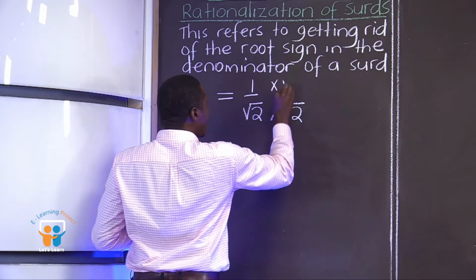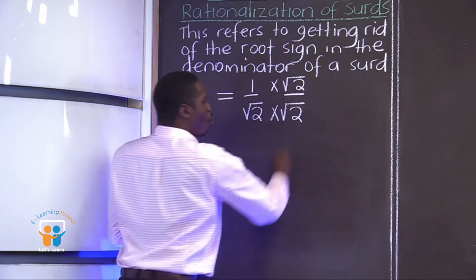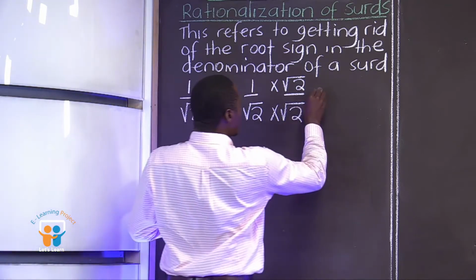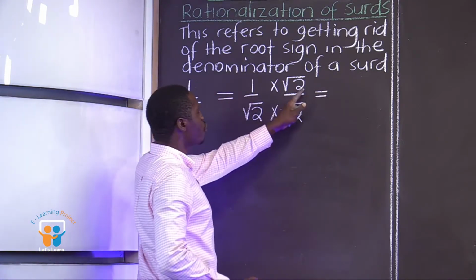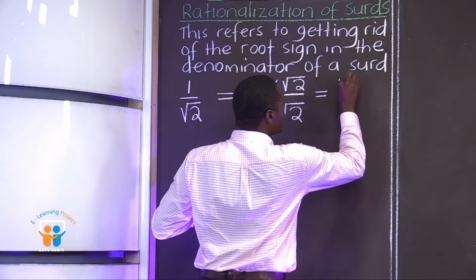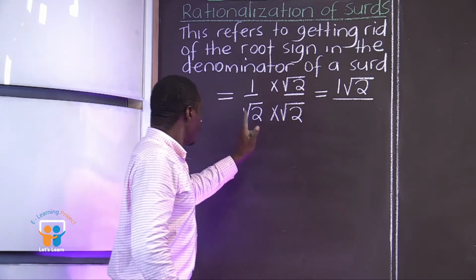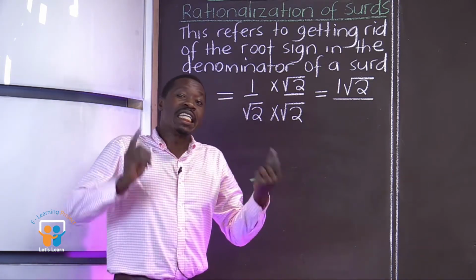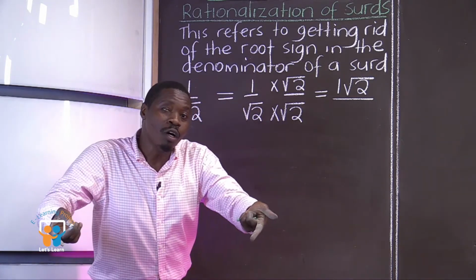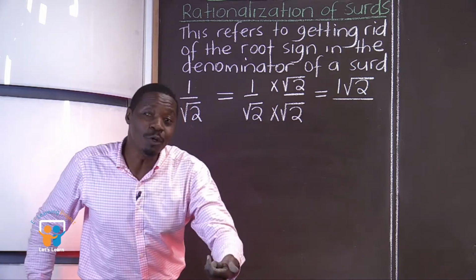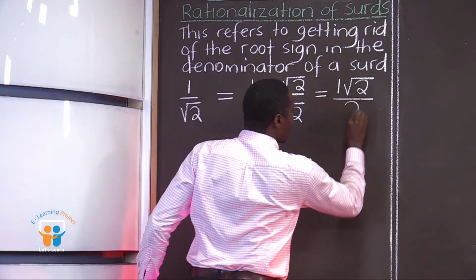This will equal 1 times root 2, which gives simply root 2, all over root 2 times root 2, which gives me root 4. But the root of 4 is a 2. So this is root 2 over 2.